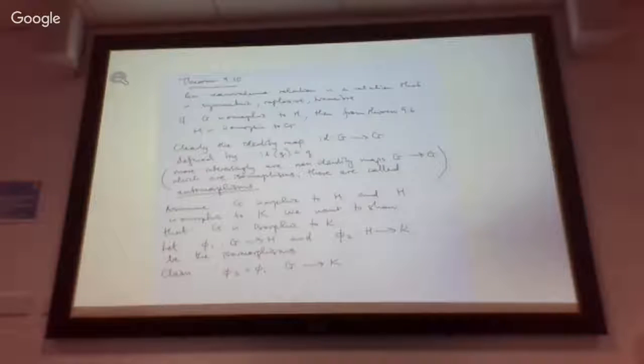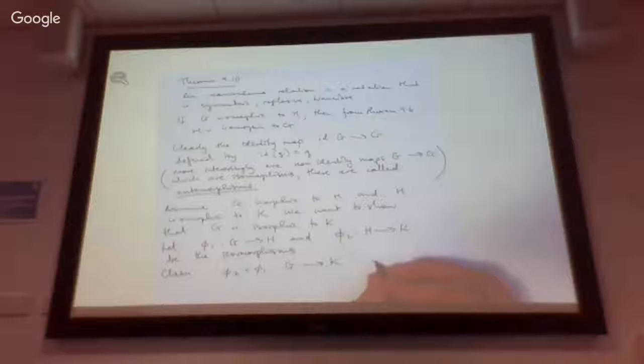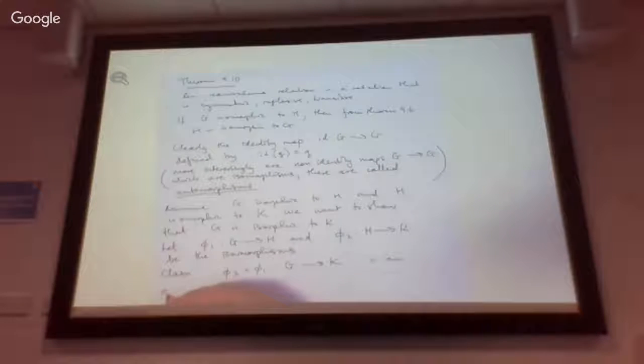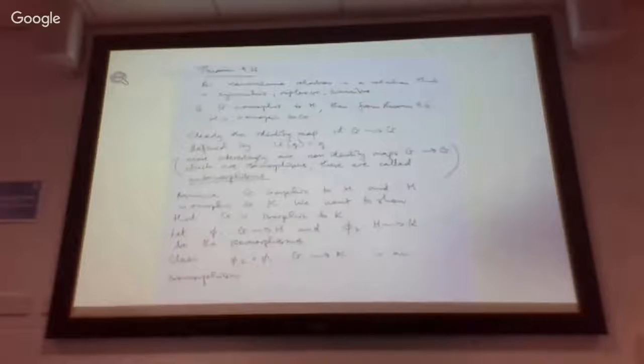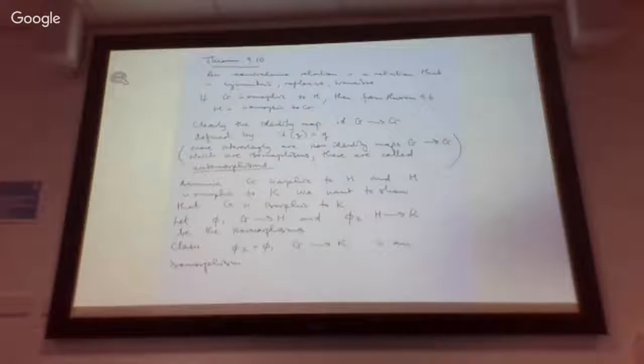The claim is that that is an isomorphism. I mean, it's the obvious one, isn't it? We know G is isomorphic to H, we know H is isomorphic to K. How are we going to show G is isomorphic to K? Well, we're going to stick those two mappings together, or compose.